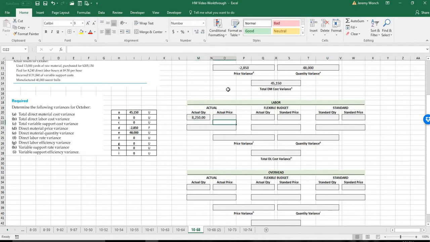So we can plug that in: actual hours and then the actual price. So our actual labor cost was $78,375. That's not right, because that says $240, not $250. There we go.